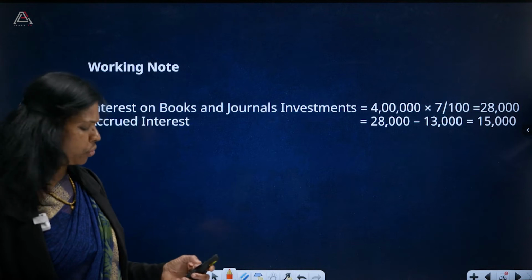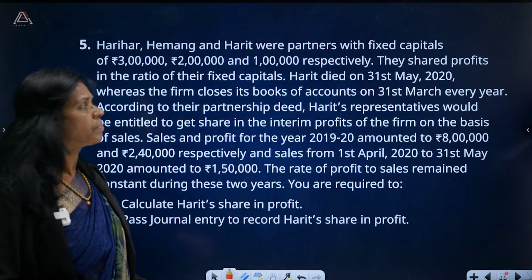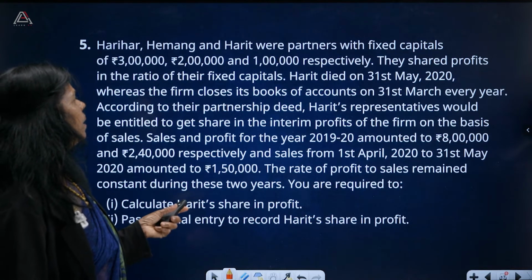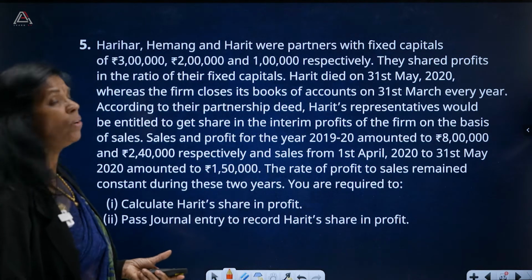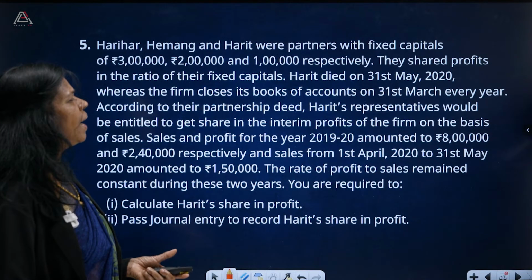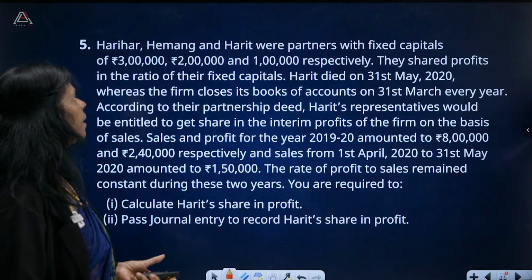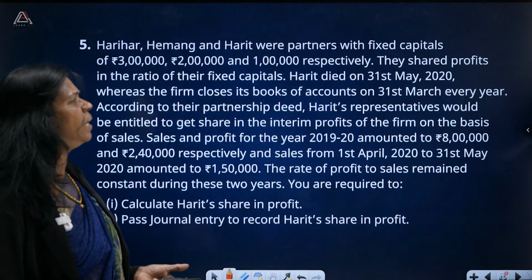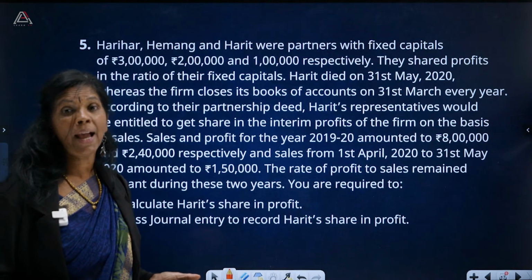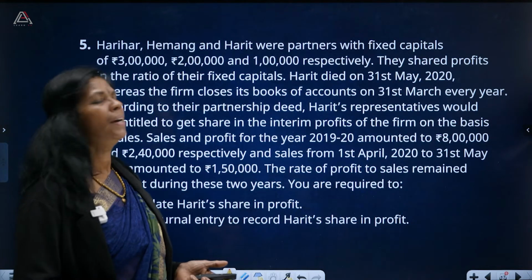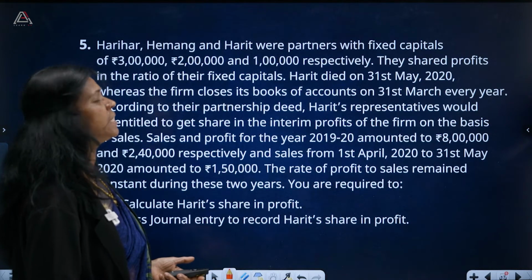Let us see the next question. See, Harihar, Hemang and Harith were partners with a fixed capital of 3 lakh, 2 lakh and 1 lakh respectively. They shared profit in the ratio of their fixed capital.